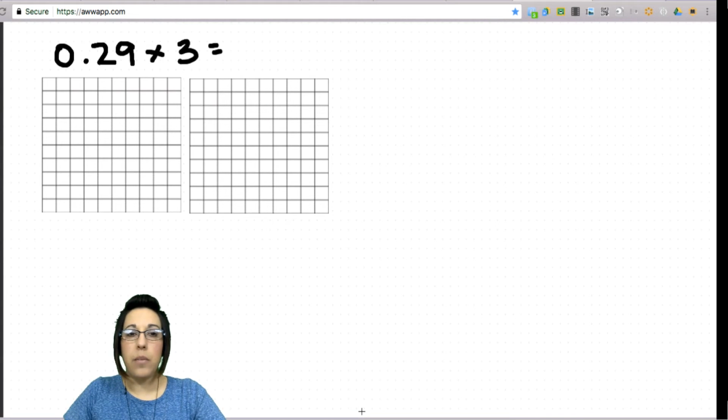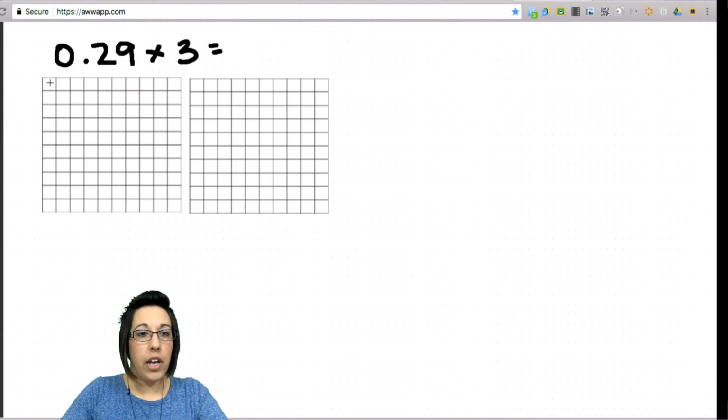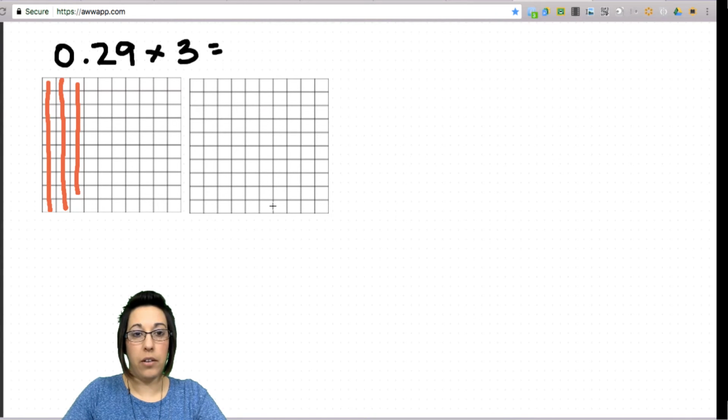Okay, our second problem on the paper is 29 hundredths times 3. So when I look at this, I see 3 groups of 29 hundredths. Okay, so I'm going to start with a color here, and I'm going to go 10, 20, all but 1 would be 9.